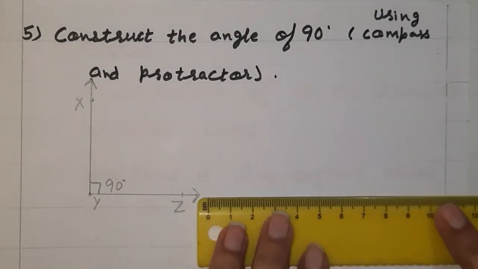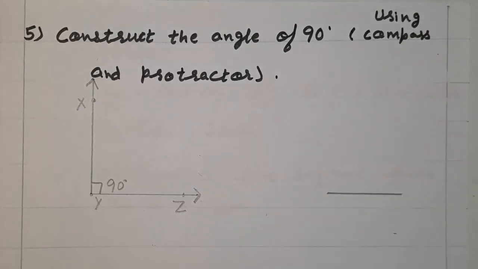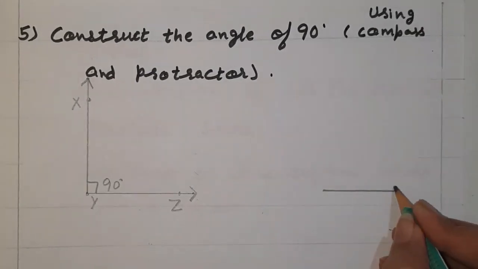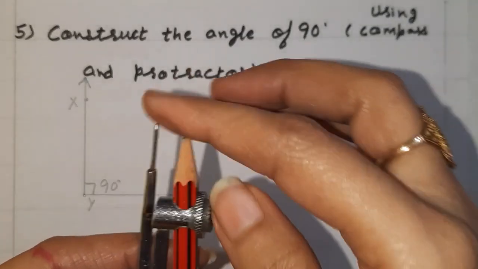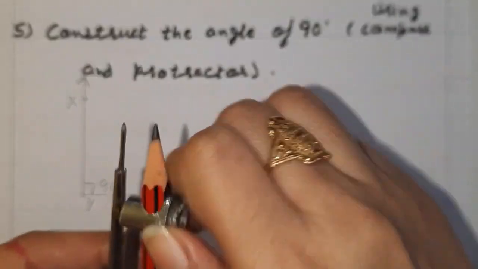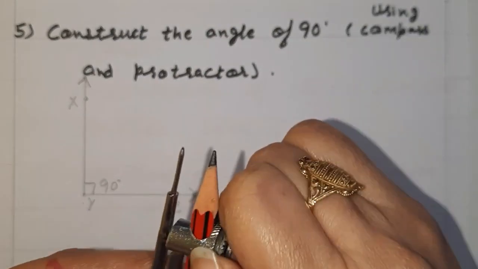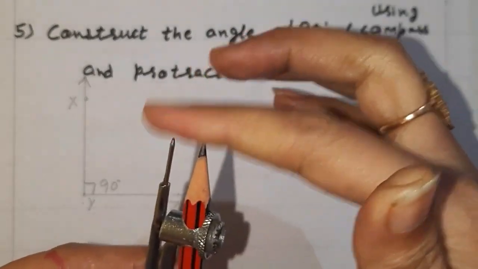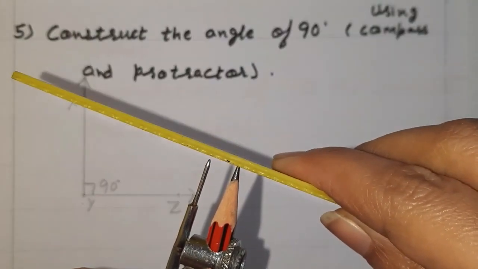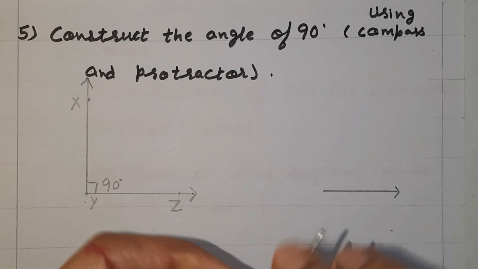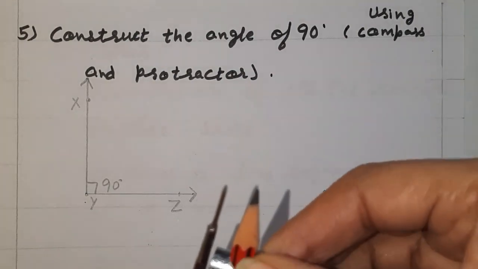Okay. Now we will construct using compass. First of all, draw a ray. Set your pencil in the compass. Tighten it. Both the tips should have the equal measurement.